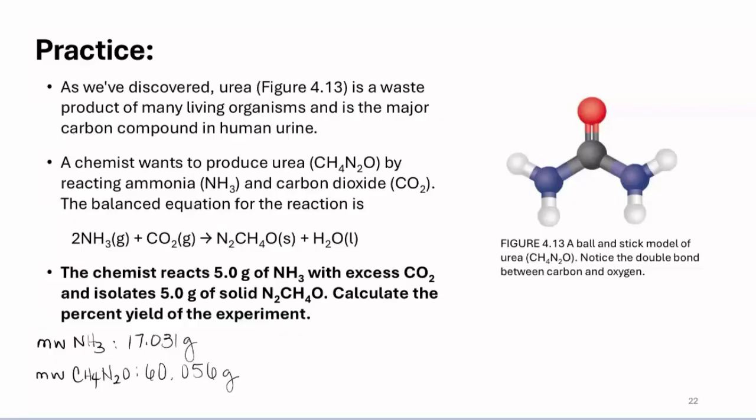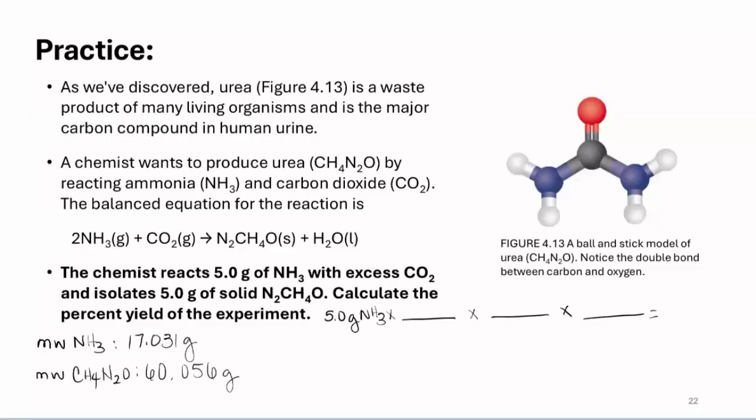To do this, we're going to do the mass to mass relationship that we learned how to do for 2 substances within a chemical reaction. To set it up, basically what we're going to say is, well, if I start with 5.0 grams of NH3, and I try to relate that through stoichiometry to urea, let's see how much urea technically we should be obtaining.